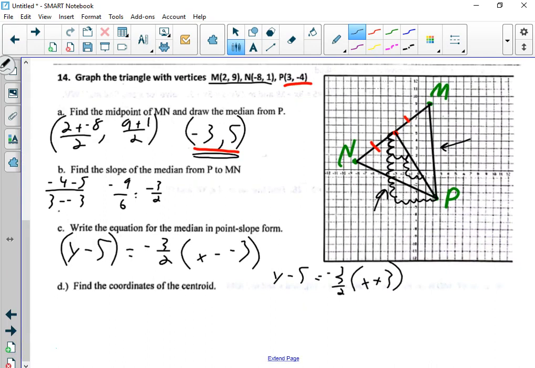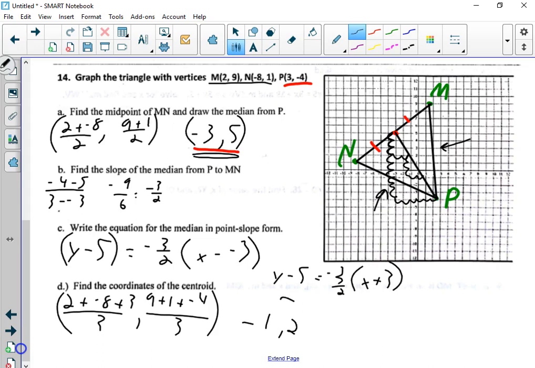So we're going to add 2 plus negative 8 plus 3 and divide by 3, all the x's. And then we're going to take the y's, 9 plus 1 plus negative 4, and divide by 3. That's going to give me the point negative 1, comma 2. If I go up here to negative 1, 2, there's my centroid right there.